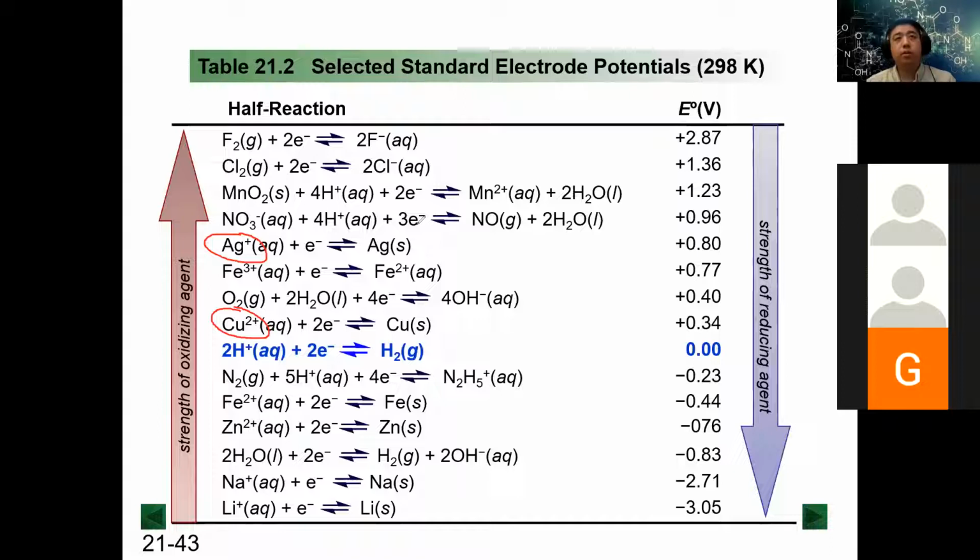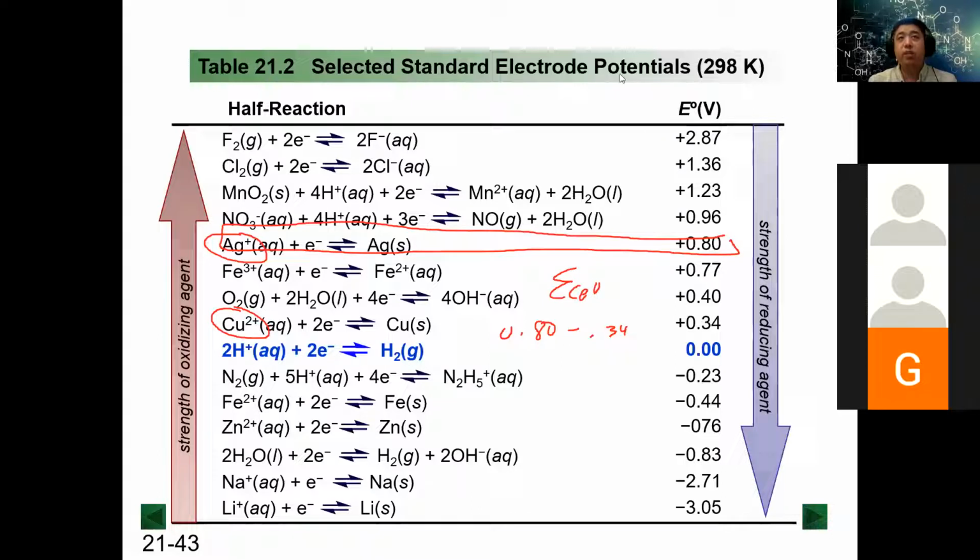Silver is the cathode, copper is the anode. So when I write this equation in, right, I am going to essentially calculate my E cell as 0.80 minus 0.34, okay? And it's always going to give me a positive value. Does that make sense so far?